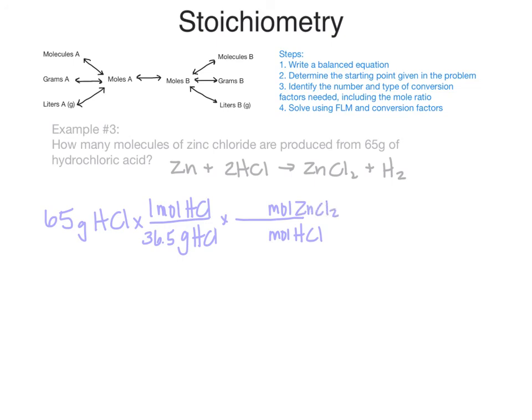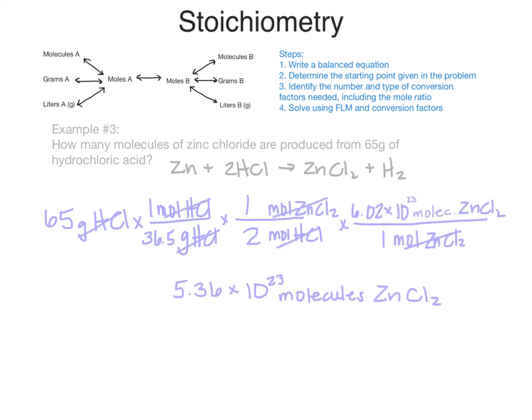And from my equation, from my chemical reaction, I have 2 moles of hydrochloric acid, and that's going to produce 1 mole of zinc chloride. And so now I keep going because I need one more conversion factor to take me from moles of B to my molecules of B. And then finally I can convert from 1 mole of zinc chloride to my molecules of zinc chloride using Avogadro's number.